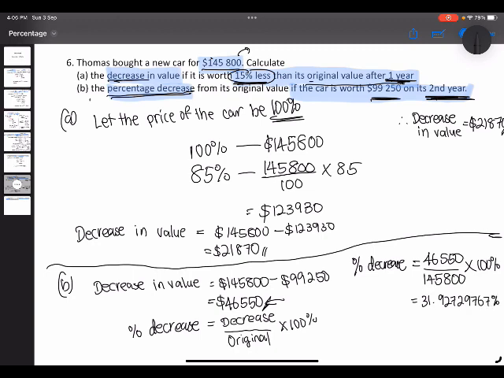That's all. And you should round it to 3 significant figures when there's a string of numbers. So we should stop here and look to the right. It's less than 5. So let it stay put. So it is 31.9% rounded to 3 significant figures. So therefore, the percentage decrease is equal to 31.9%.